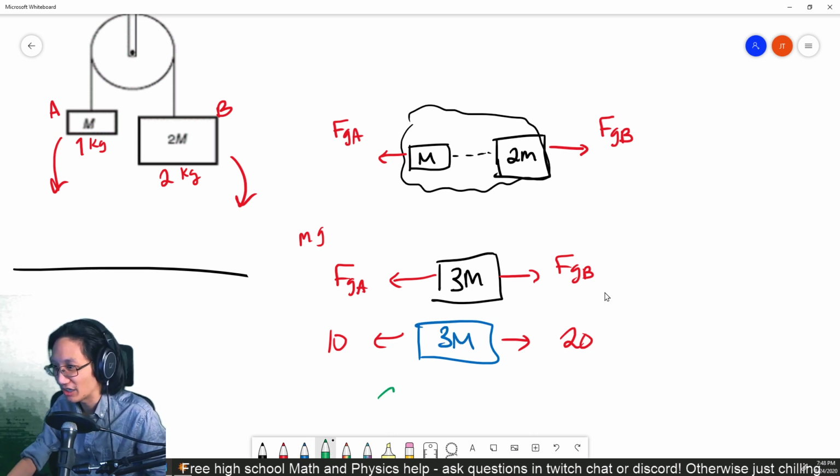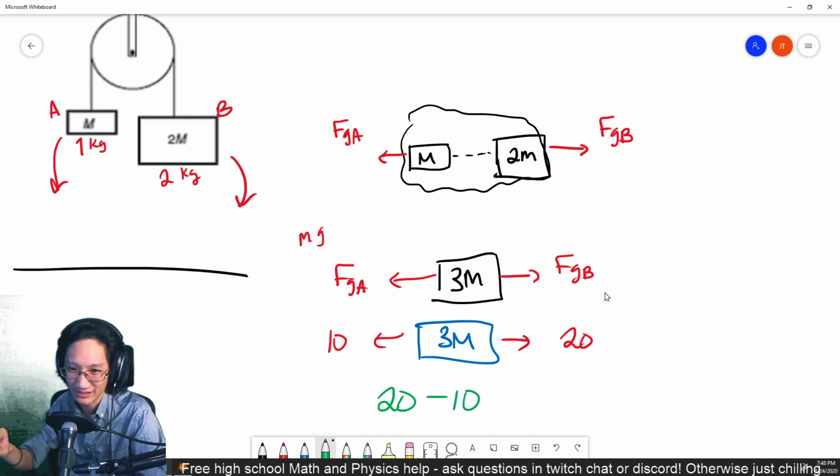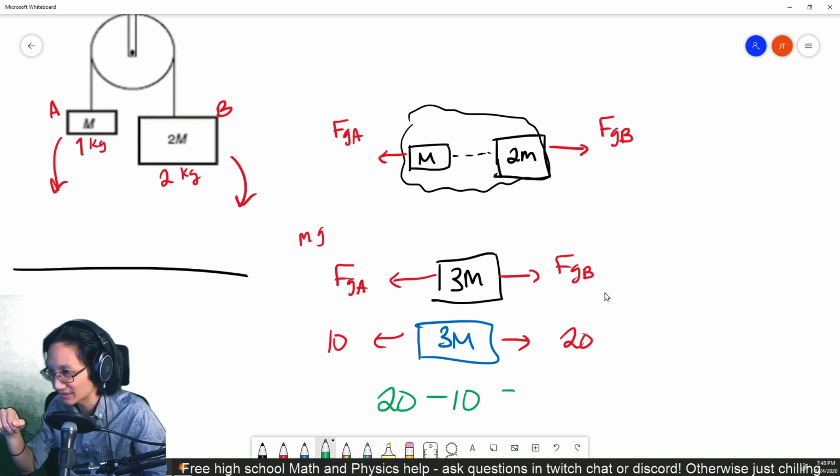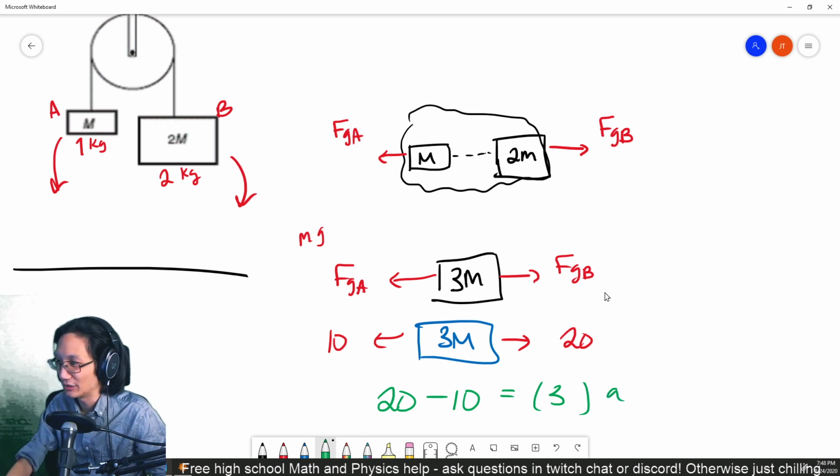We have a positive 20 force and a negative 10 force, because when we think positive and negative, the right is the positive direction and the left is the negative direction, right? So positive 20, negative 10, those are the total forces, is equal to the mass, which is 3, times a, and you can solve for a here.